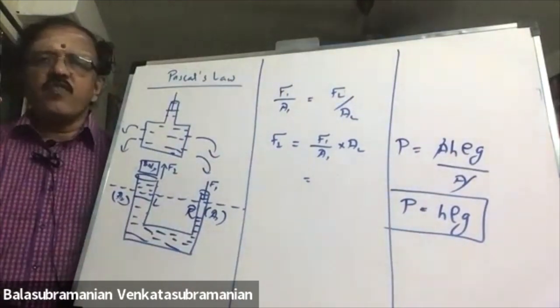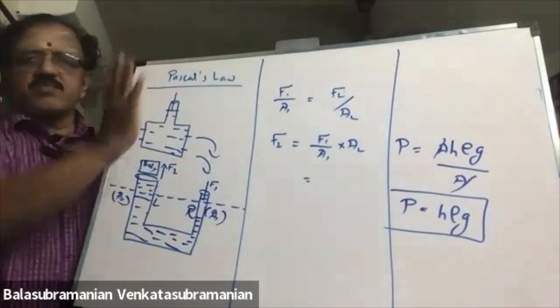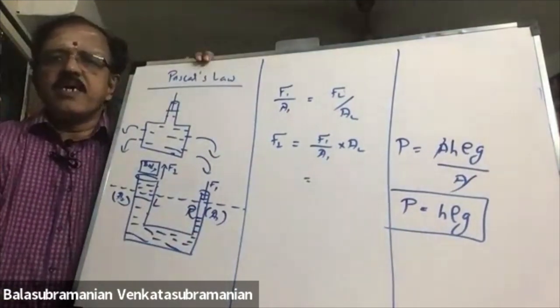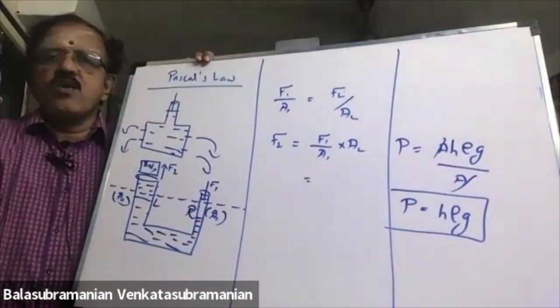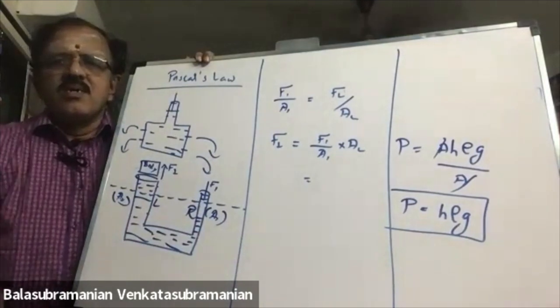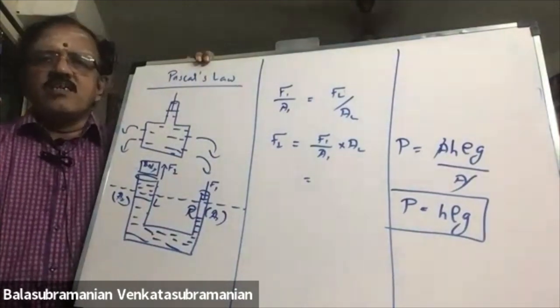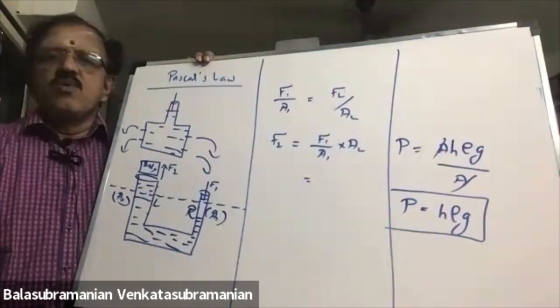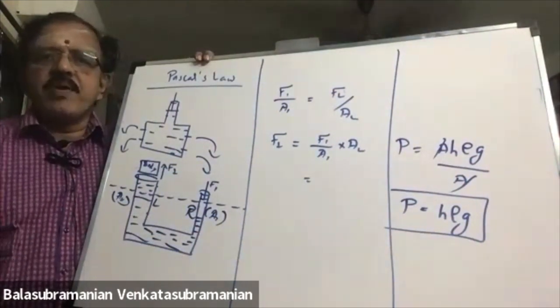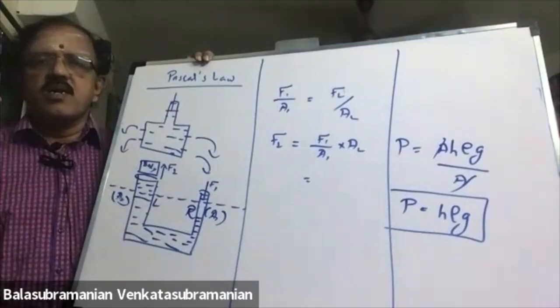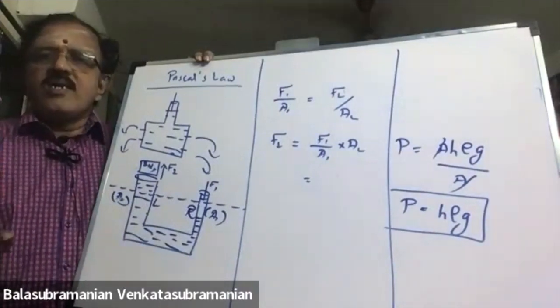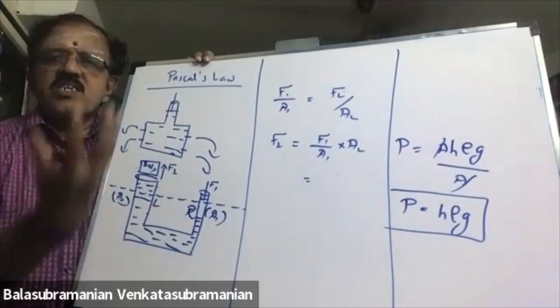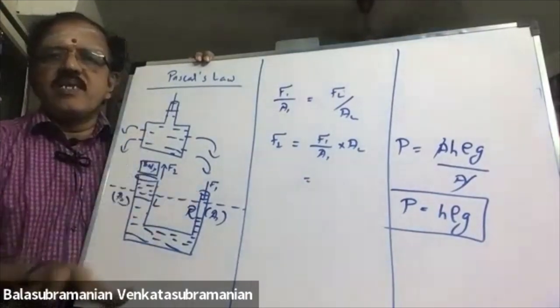Actually, this is used only for lifting the particular object which is of higher loads. Car wash and all, you might have seen in the car garage, while washing or when they want to do some repair at the bottom, under the car. What they will do? A center stem will come, through that the car will be rested.